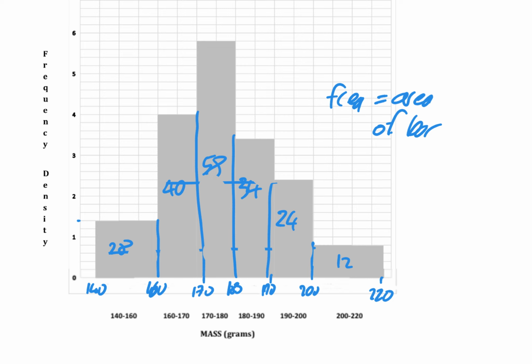Okay, so we're working out our total frequency. Our total equals 28 plus 40 plus 58 plus 34 plus 24 plus 12.